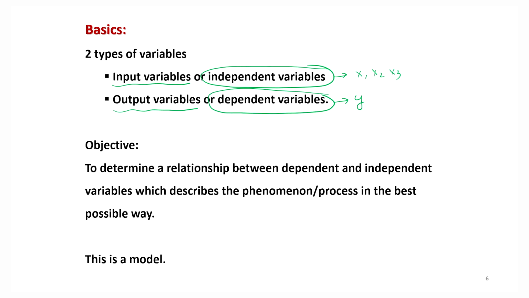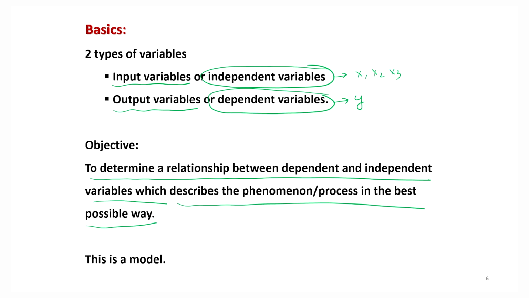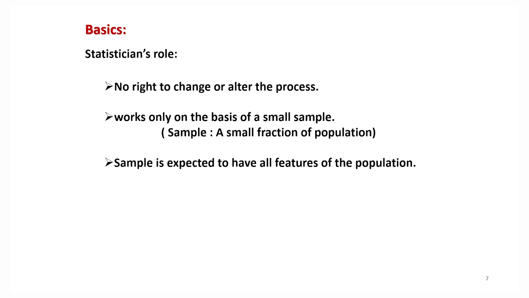That is how this definition of independent and dependent variable has come. And what is our objective? Our objective is to find out a relationship between dependent and independent variables, which describes the phenomenon or the process in the best possible way. And this is called a model, right? This is a very popular name.